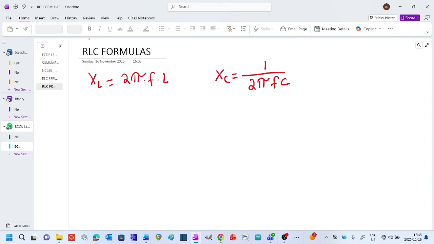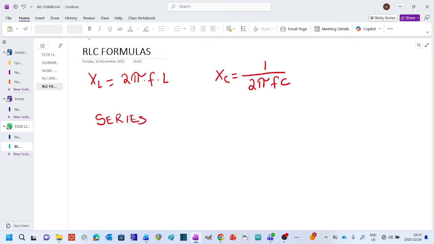But after that, we are dealing with series circuits. Let's discuss series circuit formulas, then we're going to discuss parallel circuit formulas. So we've done the tutorials where we were trying to establish the difference in terms of formulas of series circuits and parallel circuits. So let's discuss series circuits.